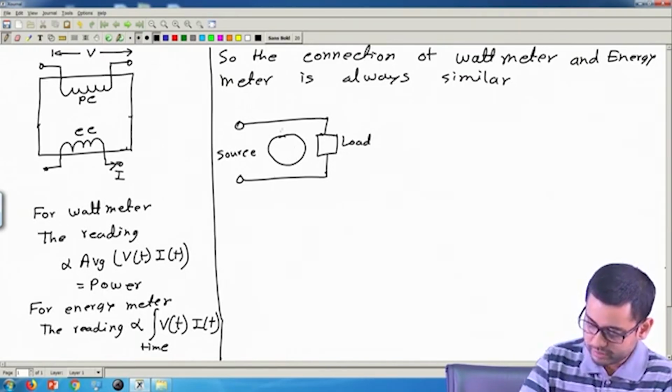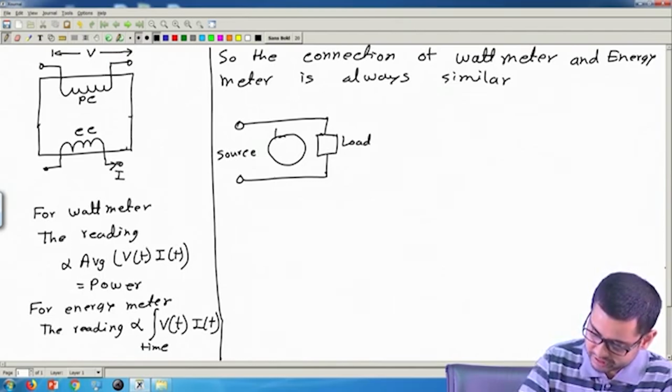If you want to measure power, then watt meter, else energy meter. It will have two coils just like this.